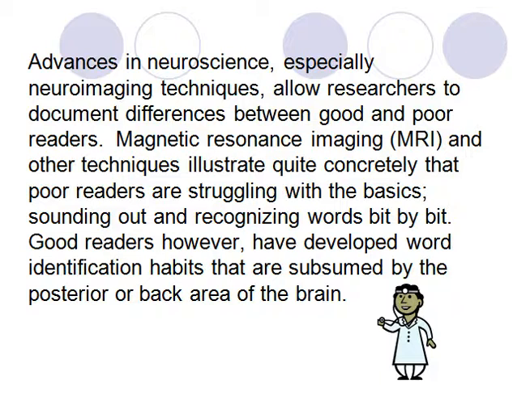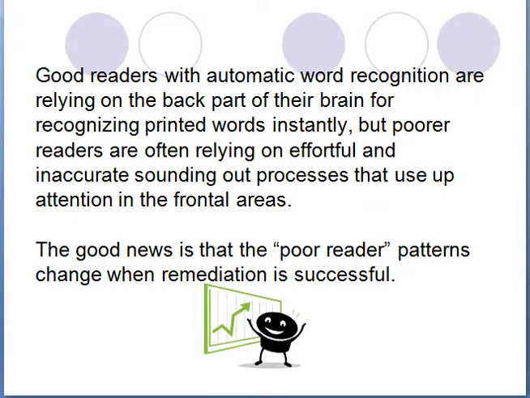This leaves more desk space in the front part for other tasks that comprise reading, such as the construction of meaning. Remember the 4-processor model of reading that was discussed in the first module. The tasks conducted by the phonological and orthographic processors are performed in the back part of the brain when good readers are reading.